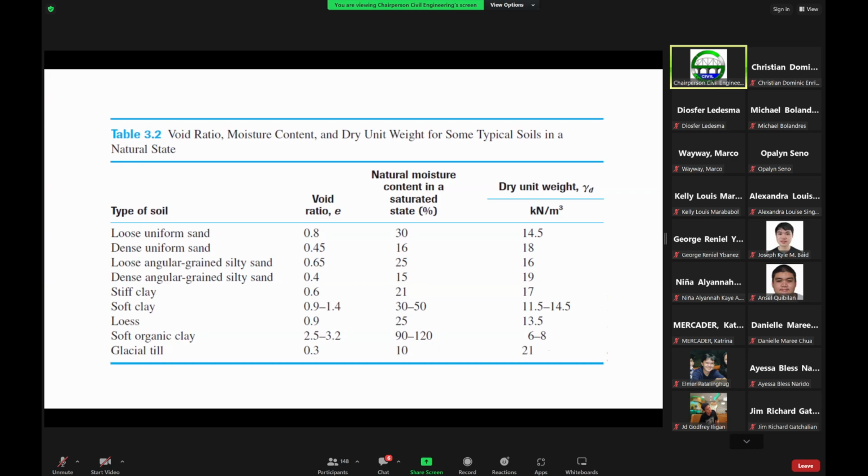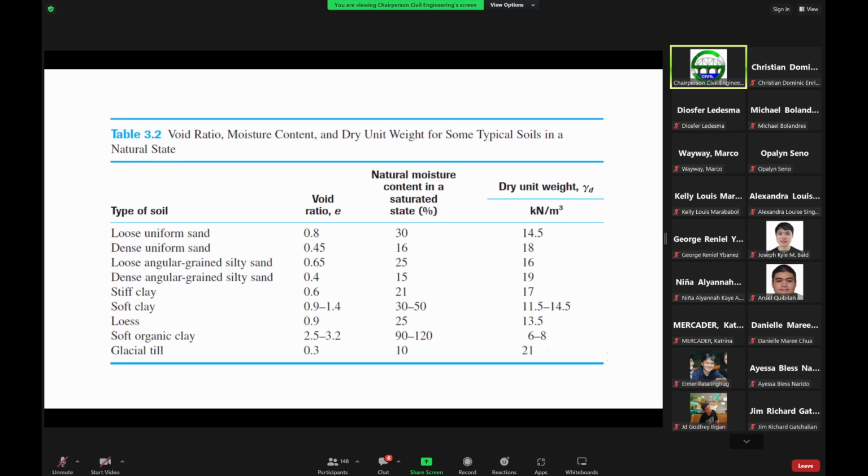They usually happen in temperate countries, and we call them glacial till. In Canada, for example, if you want to do some research work and proceed to masteral and doctoral studies there, one of the popular soil materials is Indian Head till.